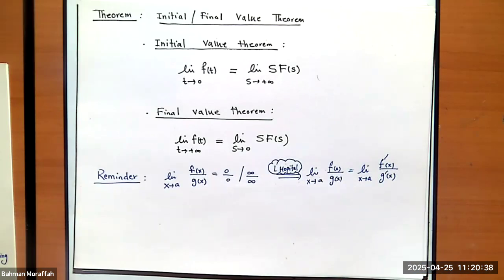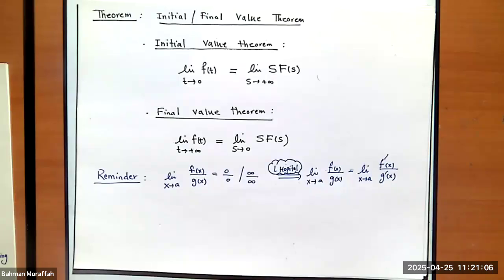Some other rules that we learned for taking limits, right? Keep that in mind. If I'm using L'Hopital's rule, I have to have 0 over 0 or infinity over infinity. So if it's, for example, 0 times infinity, which is again ambiguous, I cannot do this. I have to figure out some other way to make it unambiguous.